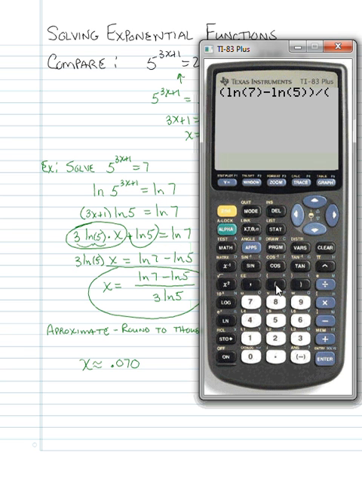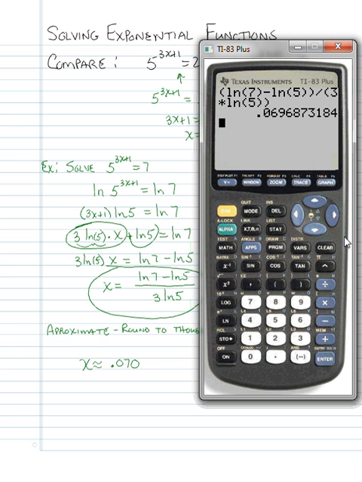So open the parenthesis for the denominator, then we'll type in our 3 times natural log of 5, so we'll enter our 5, close the parentheses on the natural log of 5, and now I'm closing the parentheses on the denominator.